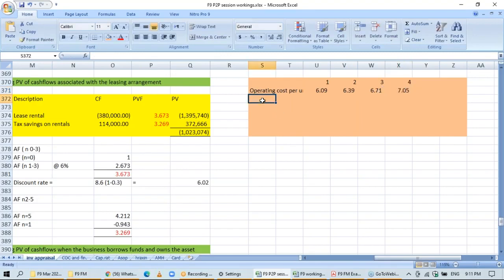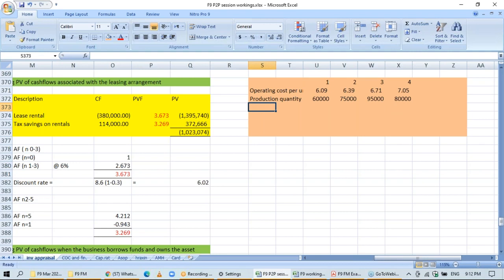Okay, now this is the savings per unit. Now multiply the savings with the production quantity. So the production quantities for the year are 60,000 in year 1, 75,000 in year 2, 95,000 in year 3, and 80,000 in year 4.